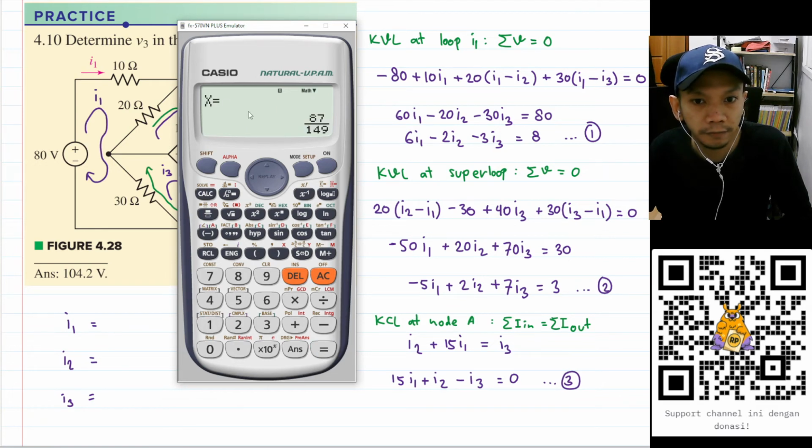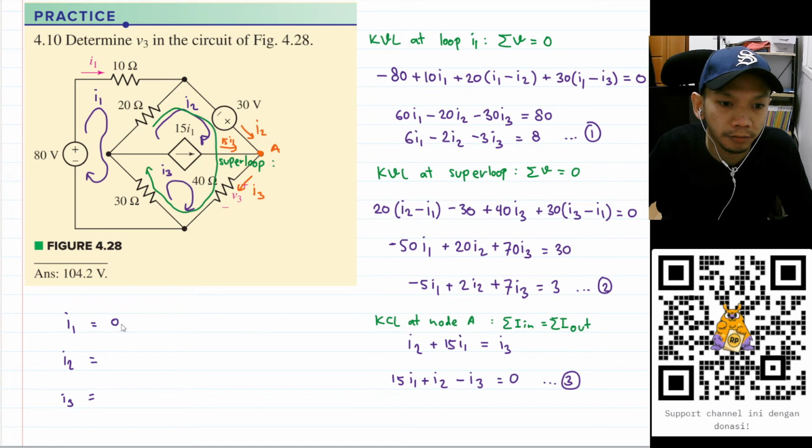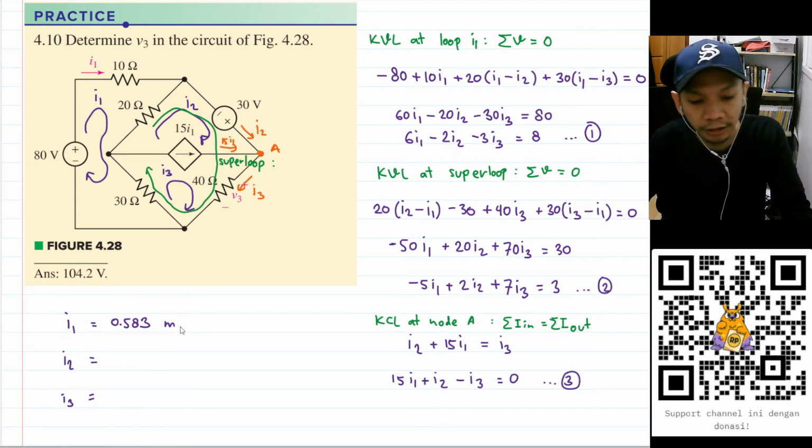We will have the x value. The x value is I1, right? I1 is 0.583 ampere.